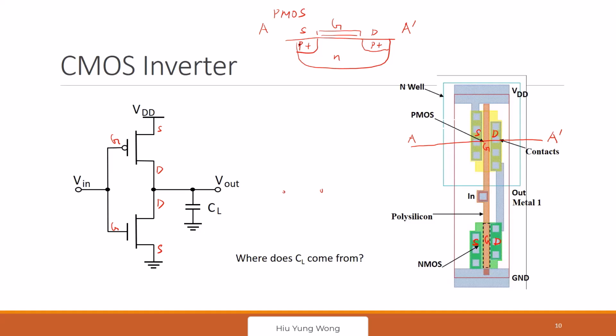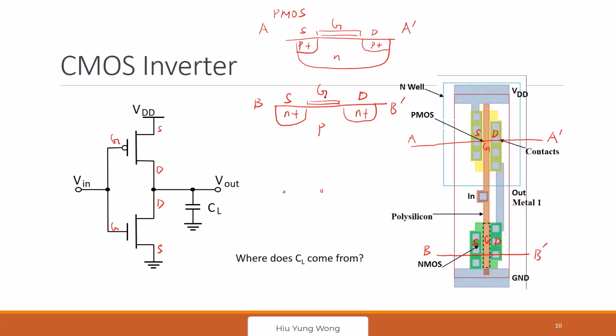Here it did not talk about the well tap, so I ignore it. And then here you have B dash, right? You have a P substrate, and then you have N plus, and this is the drain, this is source, this is the gate.